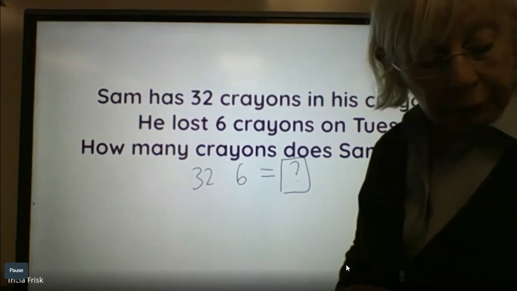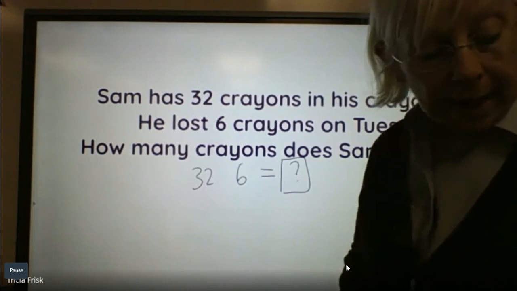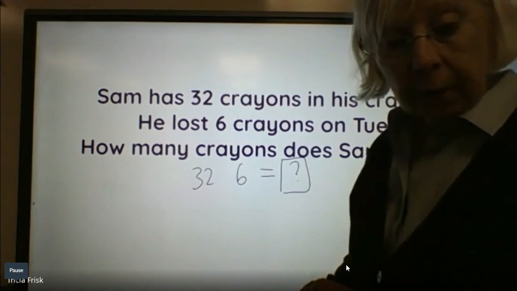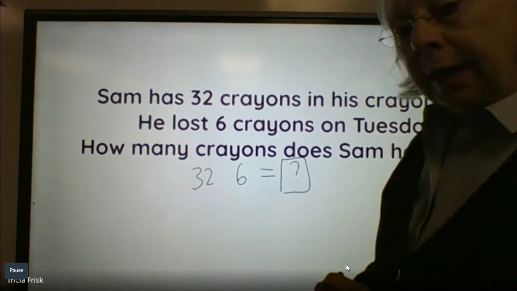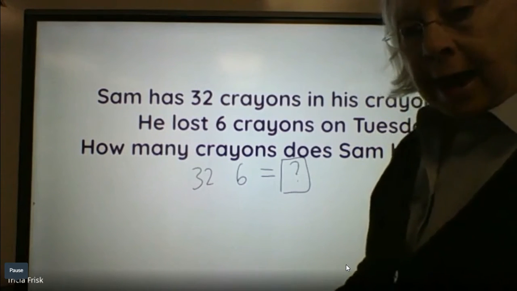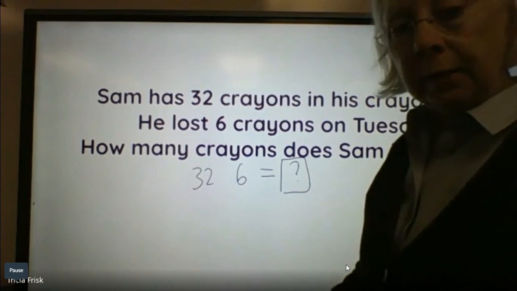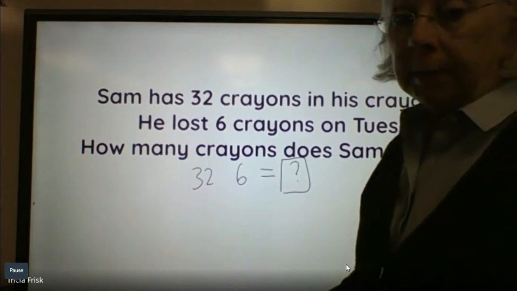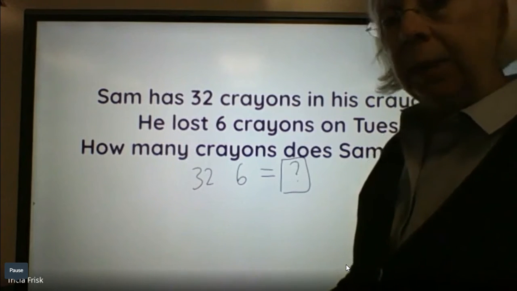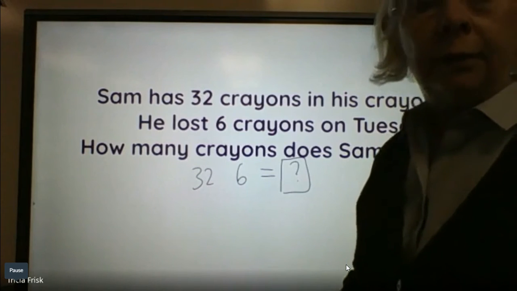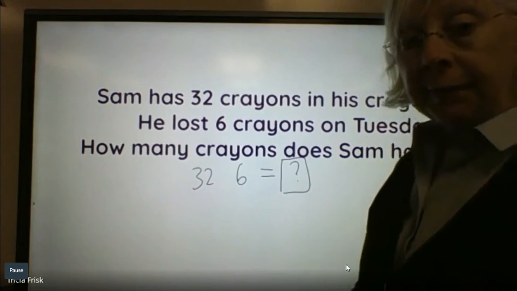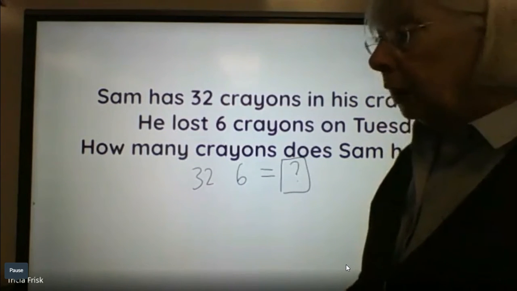So now I have to plan how I'm going to solve this. I know that if Sam lost some crayons, I have to ask myself, am I going to add or am I going to subtract? So we spend a lot of time understanding the problem. What do we know? What do we want to find out? We know that if he lost crayons, he doesn't have as many crayons now.